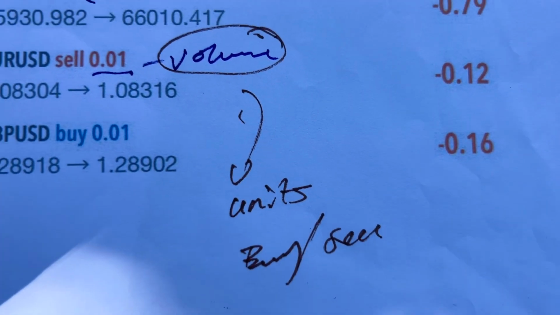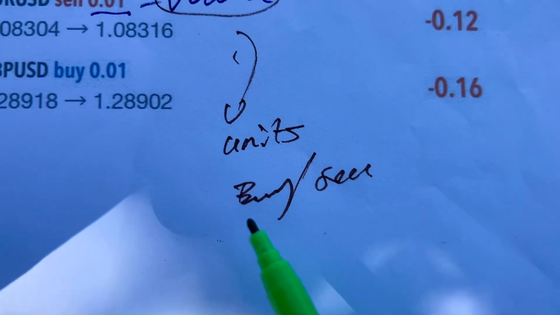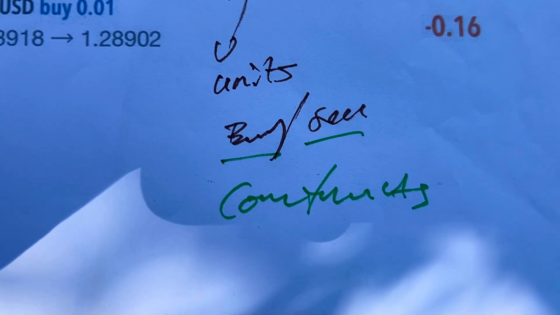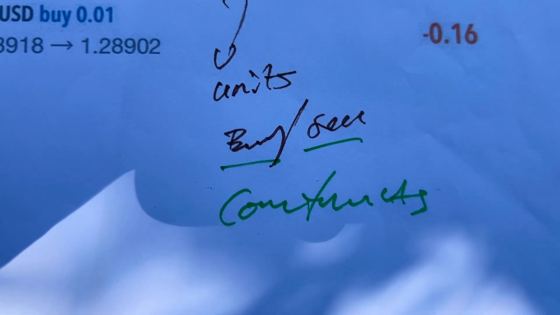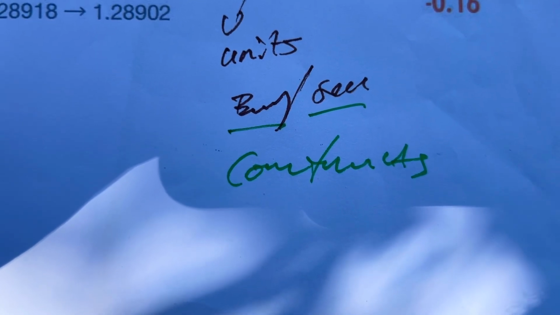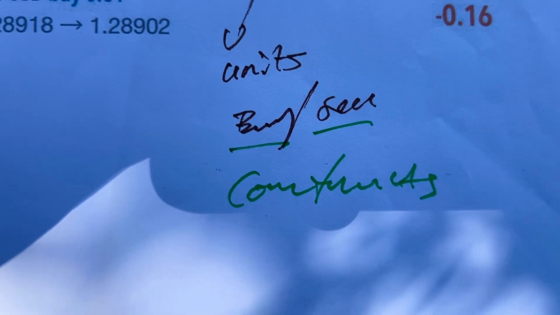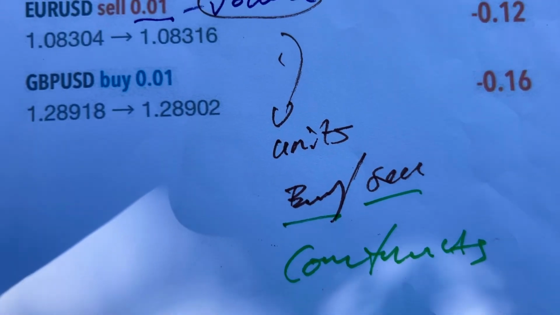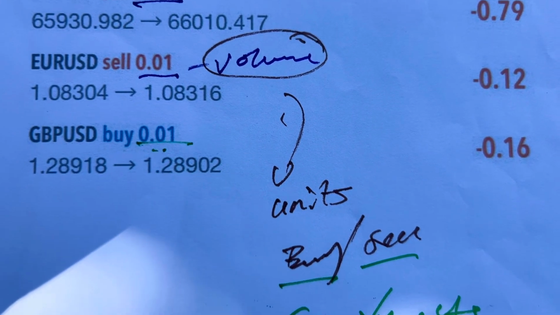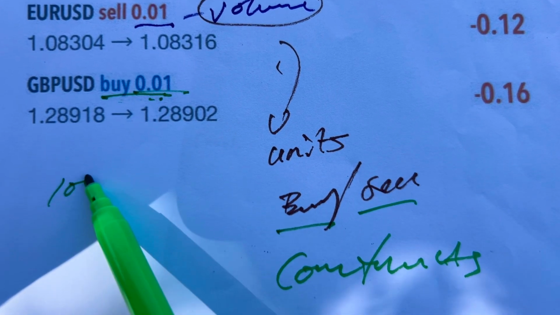Whenever we're trading units, which are contracts, we're looking at contracts for difference, where we look to profit from the performance or the value that changes in a given time. Now, when we look at this lot size of 0.01, it means that we bought 1,000 units.